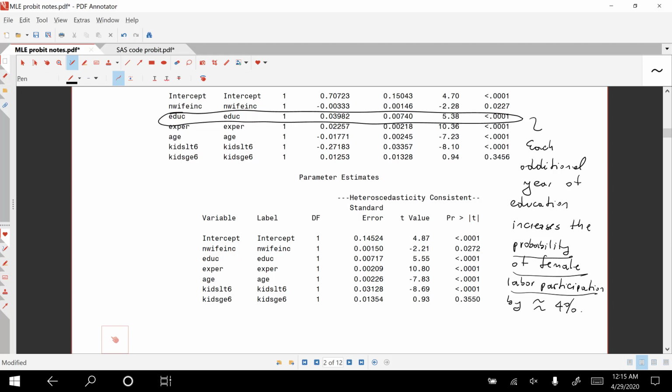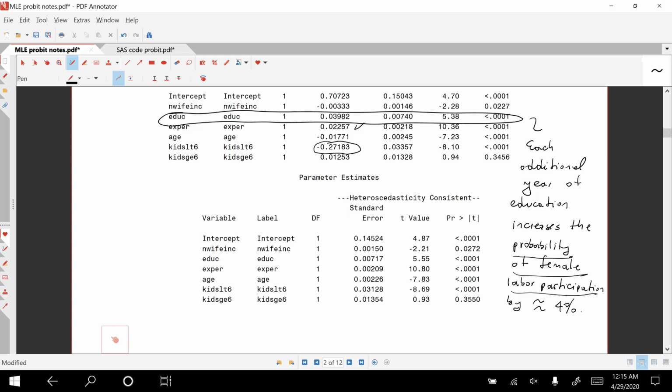With experience, we can do the same thing. Each additional year of experience will increase the probability of female labor participation by about 2%. In terms of the relative importance of the coefficients, the one that has a very large effect is the number of kids that are less than 6 years old in the household.